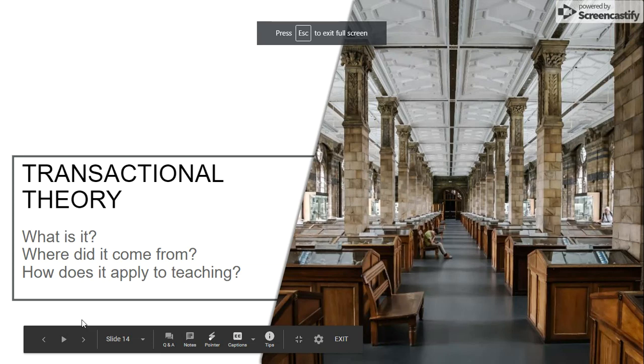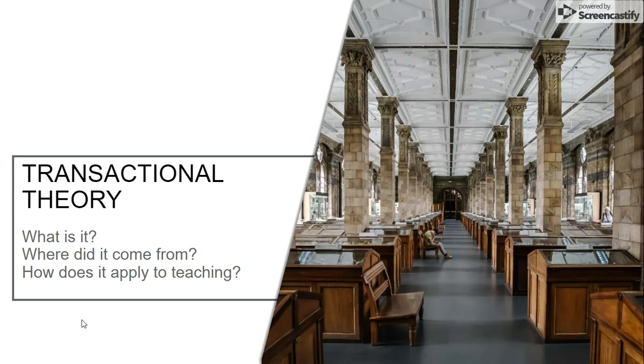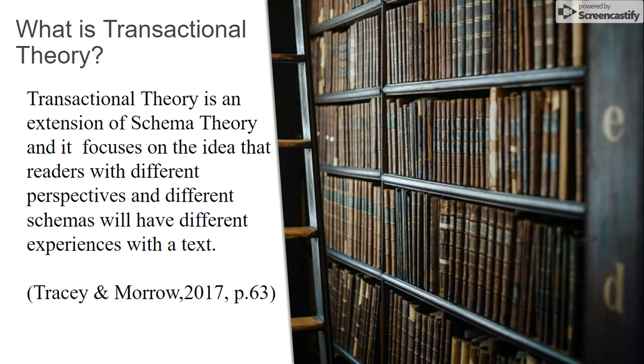The second theory I wanted to talk about was transactional theory. And again, what is it? Where did it come from? How does it apply to teaching? So transactional theory is an extension of schema theory, and it focuses on the idea that readers with different perspectives and different schemas will have different experiences with a text.